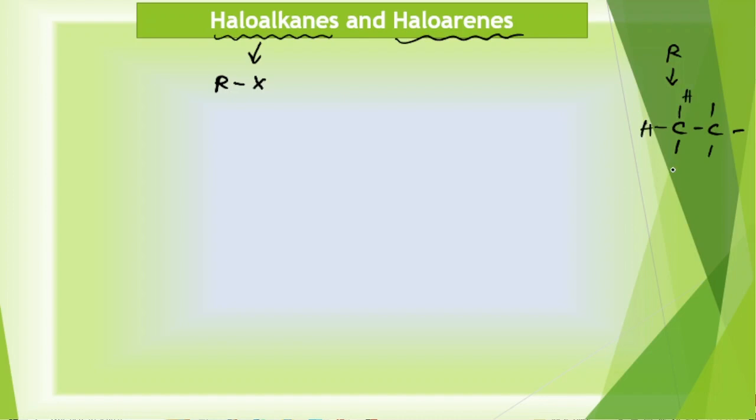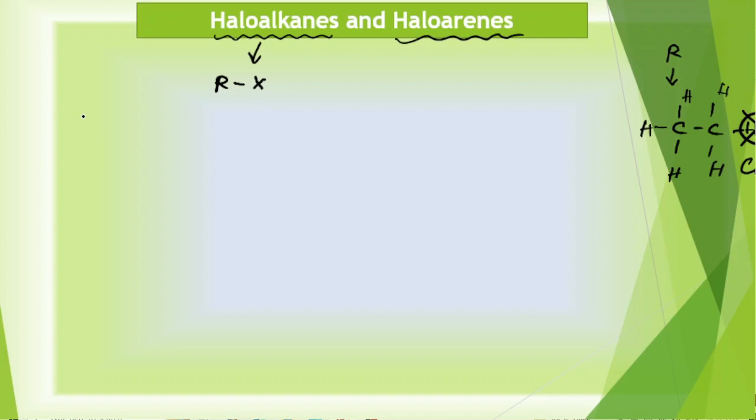So what you are going to do in a haloalkane is remove one hydrogen, or you can remove n number of hydrogens. Instead of hydrogen, you are going to place the halogen group, either chlorine or bromine or iodine. That is called a haloalkane.